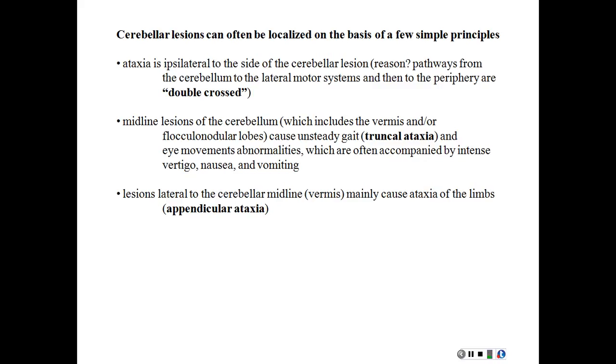So truncal ataxia is really an incoordinated movement of the trunk itself, and it gives rise to an unsteadiness of walking. Whereas appendicular ataxia is a problem with the movement of the limbs, specifically the arms. You get this inability of one arm to move properly.